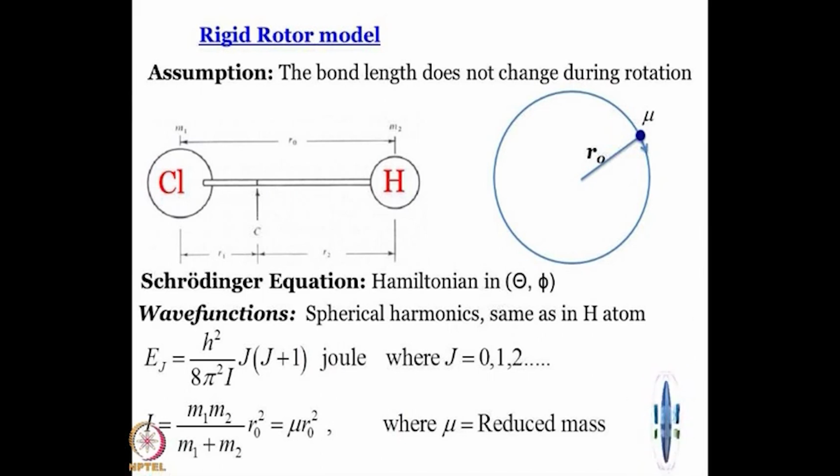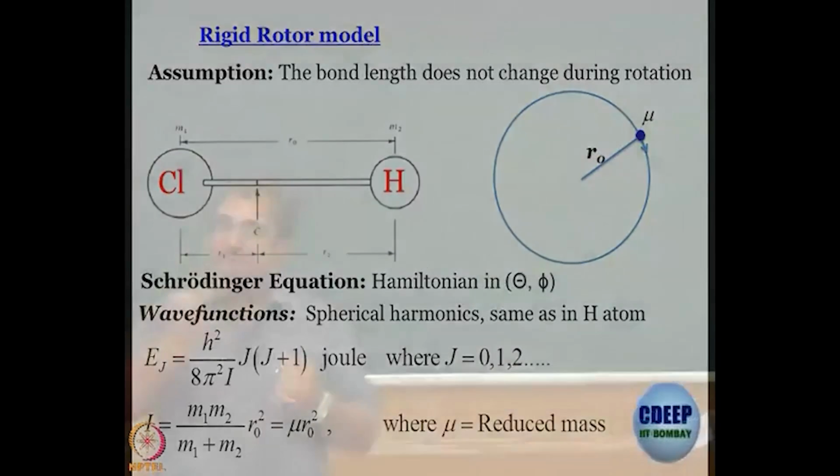Now, spectroscopy, as we said, is quantum mechanics in action. So the first thing you have to do is set up the Schrodinger equation, and for that you need a wave function and a Hamiltonian. You have studied the hydrogen atom problem, which is a central field problem.